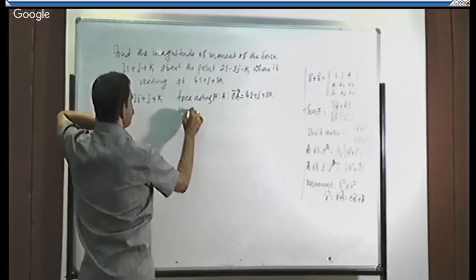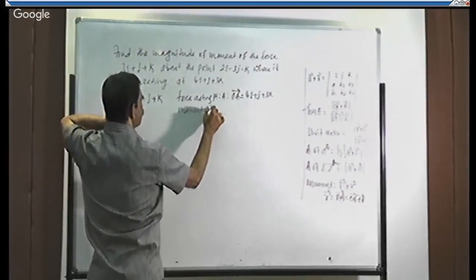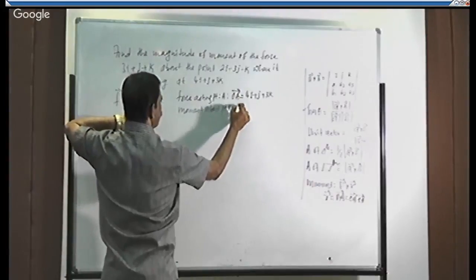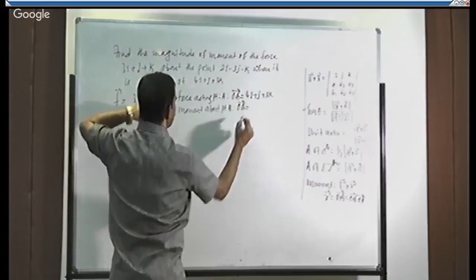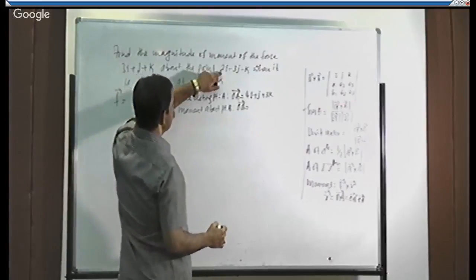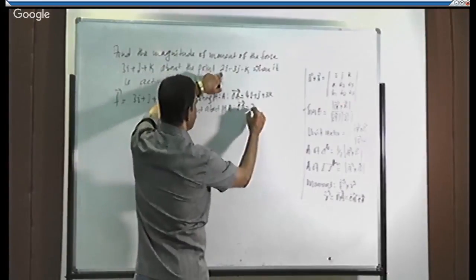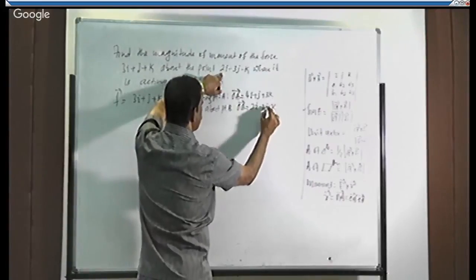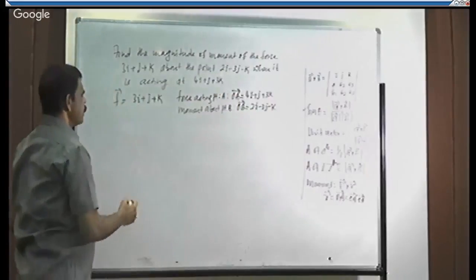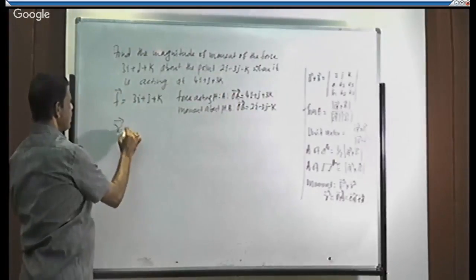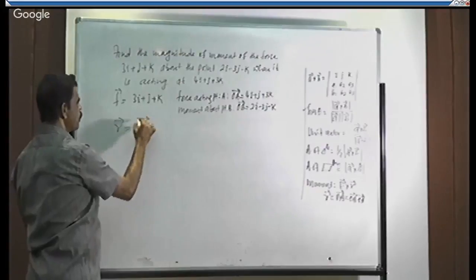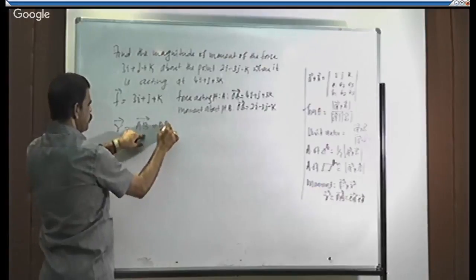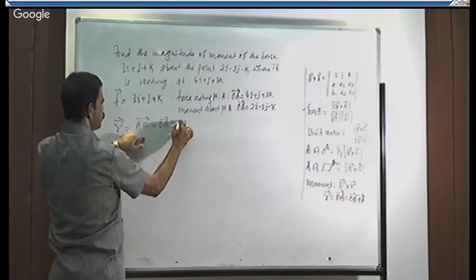So moment about a point. Moment about point B. They have given its position vector OB, the point whose position vector is 2i minus 3j minus k. First, get the r value. What is r? R is the distance AB. According to position vectors, AB is equal to OB minus OA.